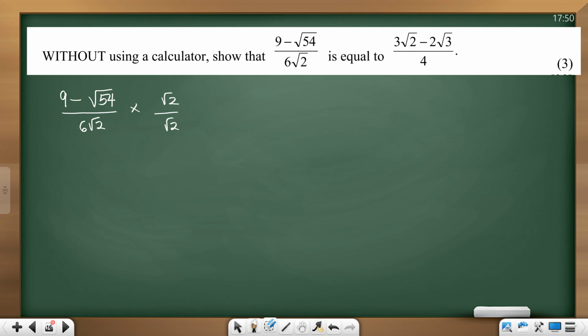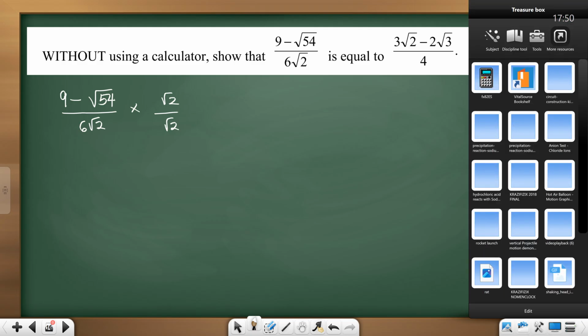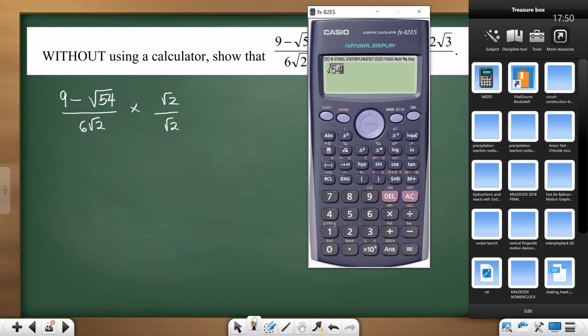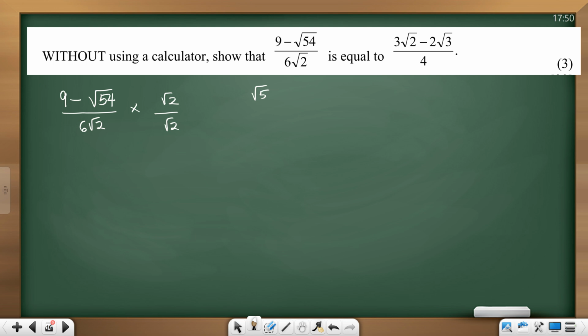But you can use a calculator to give you an idea of what root 54 is. I'll show you how to cheat. This is not a nice thing to show you, but I'll show you. I press root 54 and it gives me 3 root 6.